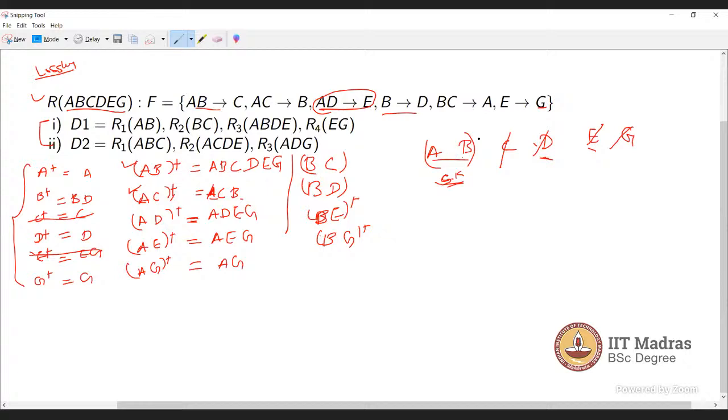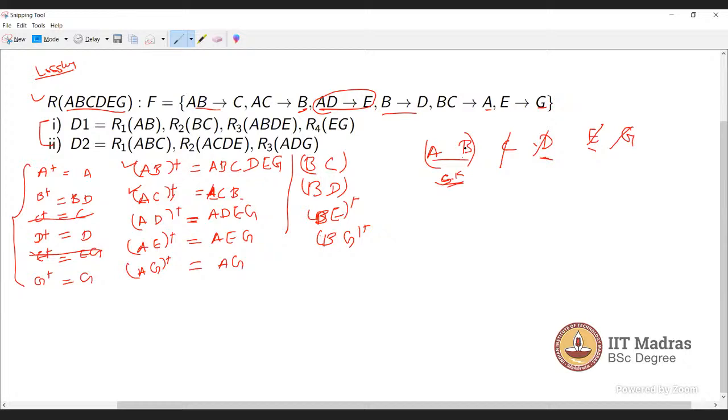Only then is a super key called a candidate key. Now we will check whether A and B are on the right hand side of the functional dependency or not. Yes, A is there and B is also there. So we will replace that attribute to find more candidate keys.